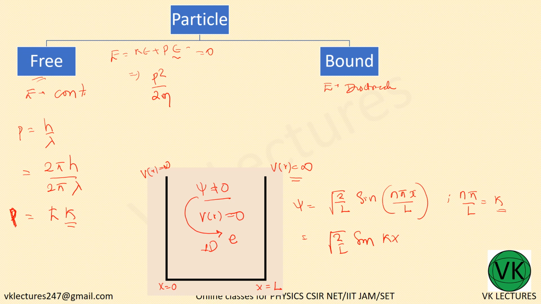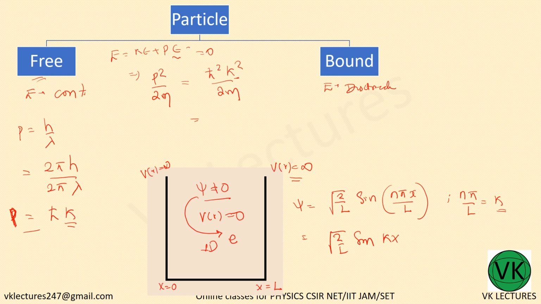Now just substitute the value of p equal to h cross k here. So that is equal to h cross square k square divided by 2m. Now what is this k in terms of the length of the box?